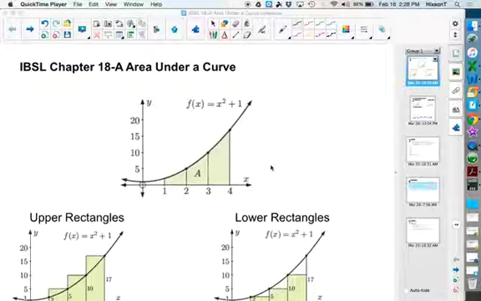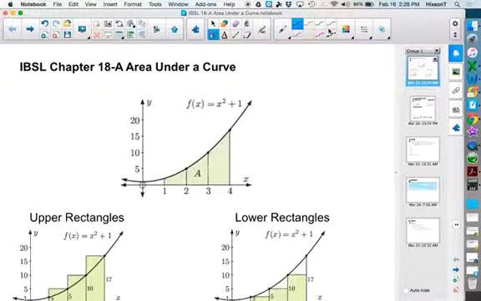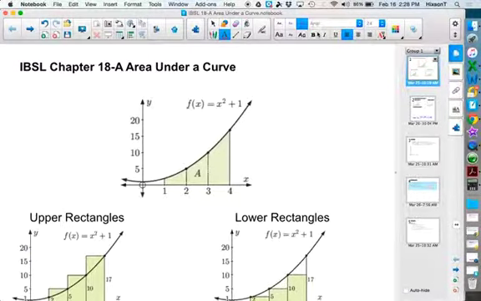Now, one thing that we need to make sure that we define is what we mean when we say area under a curve, okay? When we're talking about under a curve, we're talking about between the curve and the x-axis, okay?